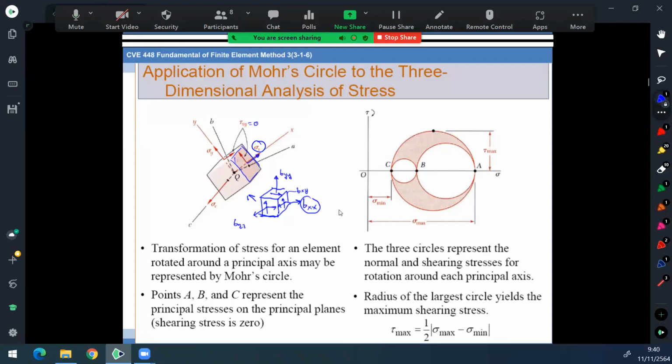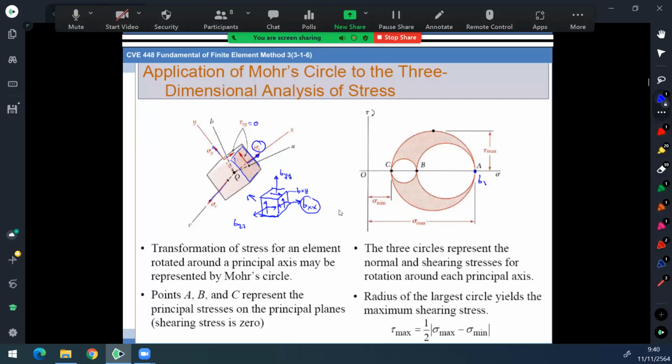Okay, and also we have sigma z and sigma y on that plane becoming 0. So that means that we can plot the Mohr circle in three dimensions. That is, this point is maybe sigma 1.